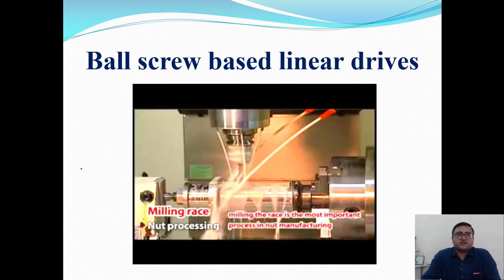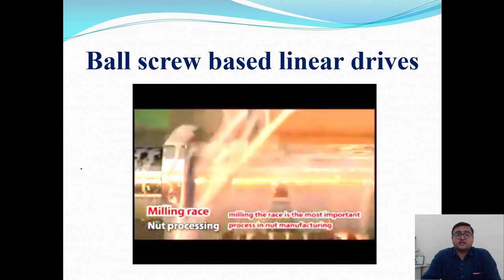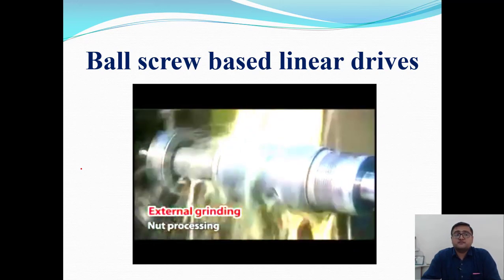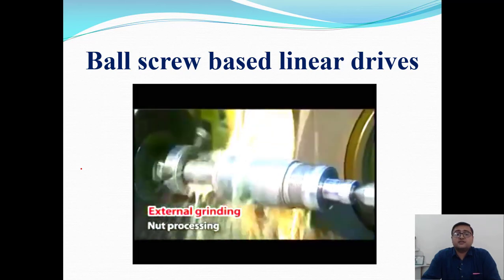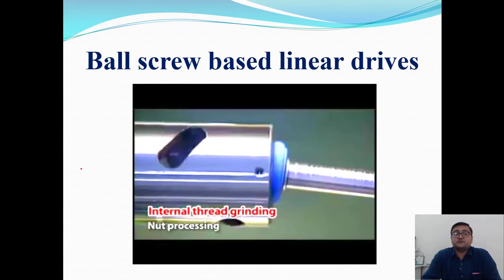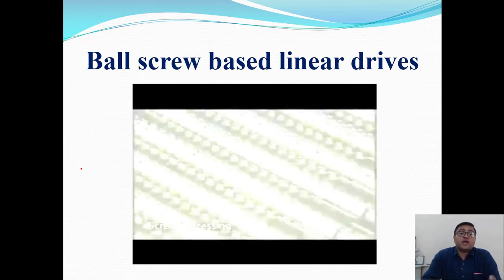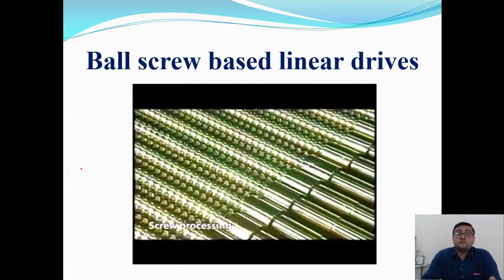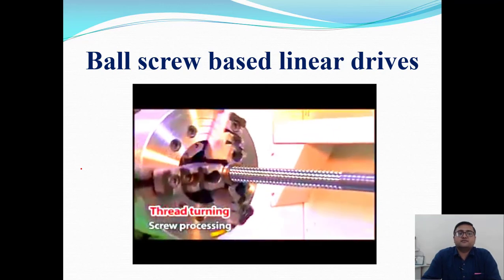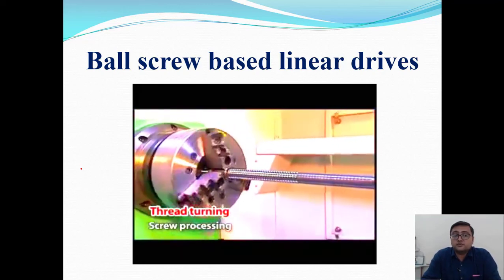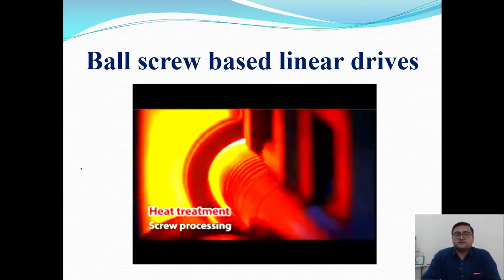So every manufacturing firm using CNC machining is based on the accuracy with which the machine can perform the operation. And in order to achieve accuracy, one of the main parts of the CNC machine is ball screw based linear drives.